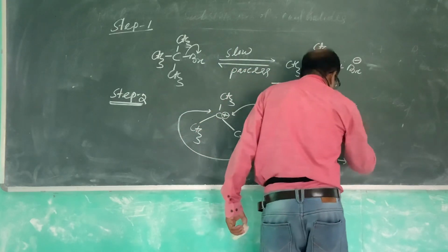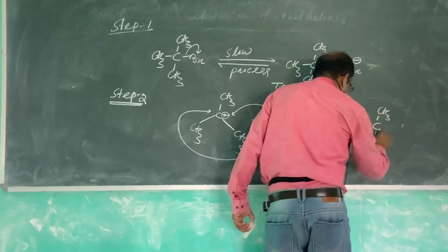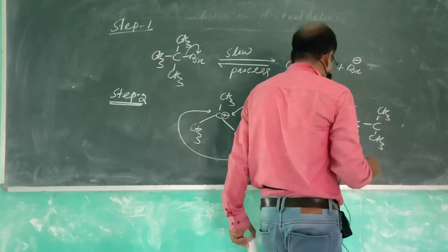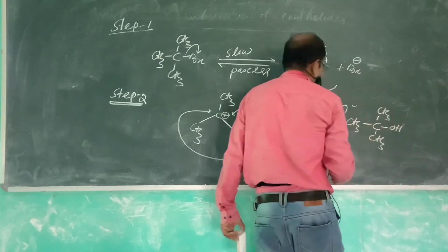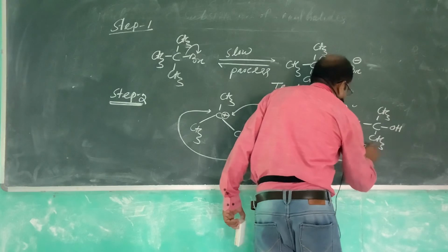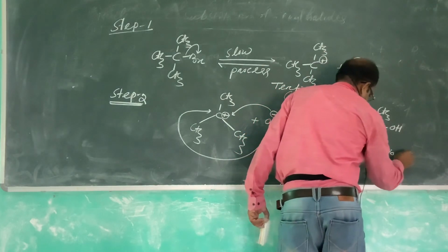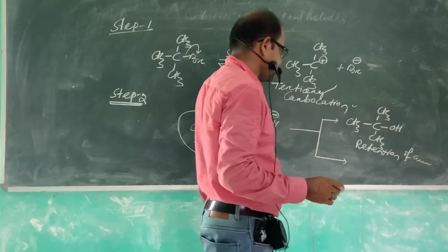In one product, the nucleophile is attached from the leaving side. As a result, we get retention of configuration of the compound. That is called the retention product.